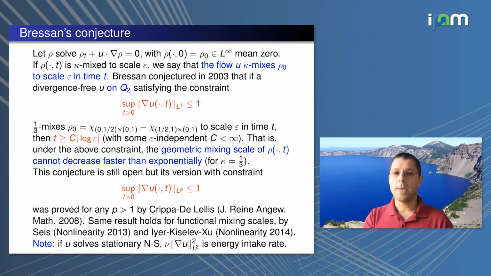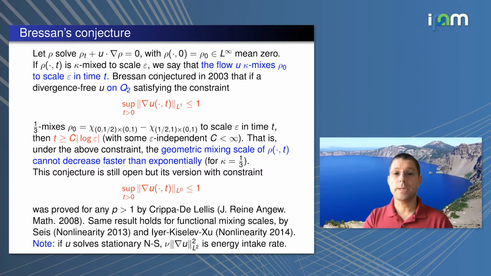So what do we mean by mixing by a flow? Well, we start with some initial datum. Maybe a standard one is you take your square or your cube and make 1/2 of it black and 1/2 of it white, just left half black, right half white, and then start mixing. So the characteristic function of one half minus the characteristic function of the other half is the initial datum.